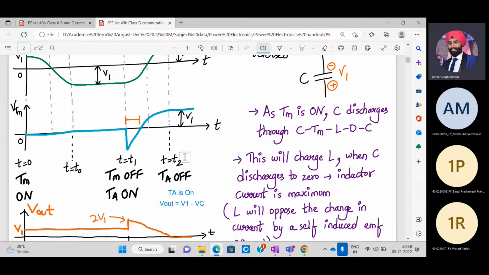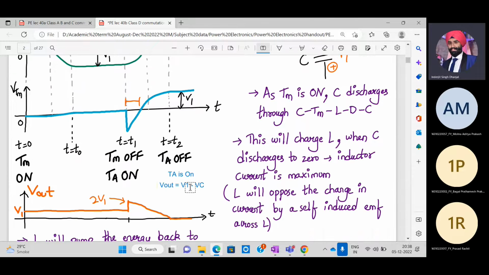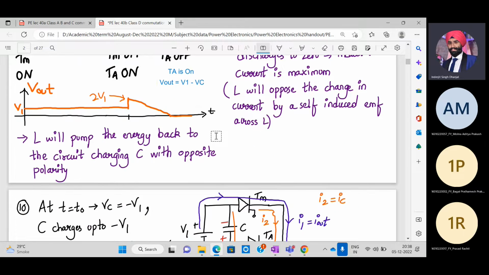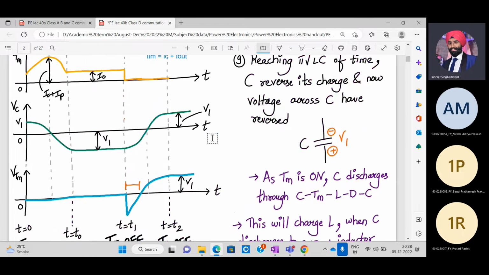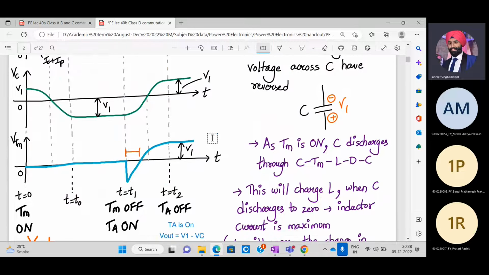At time t equal to t2, the voltage across the capacitor is V1, so V out will be V1 minus V1, which is 0. So that is what explains the output waveform nature. Class D commutation is not so simple, but it can be explained.